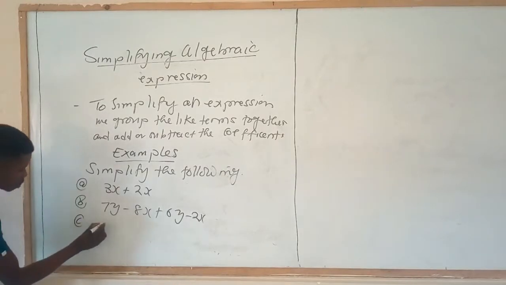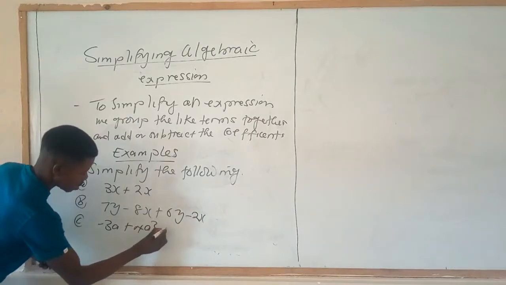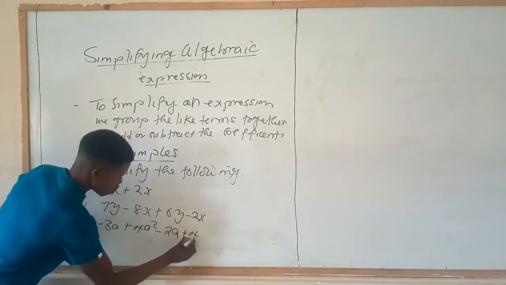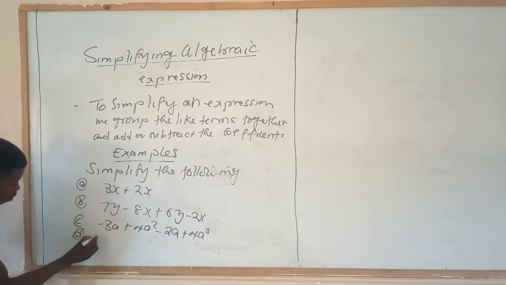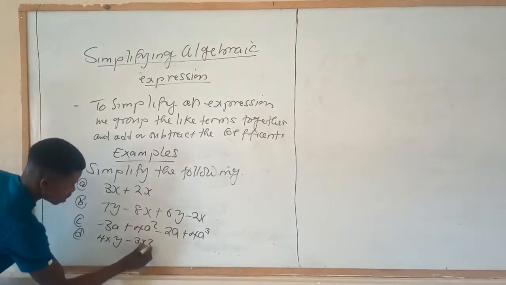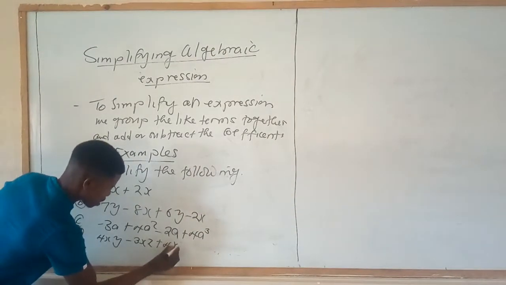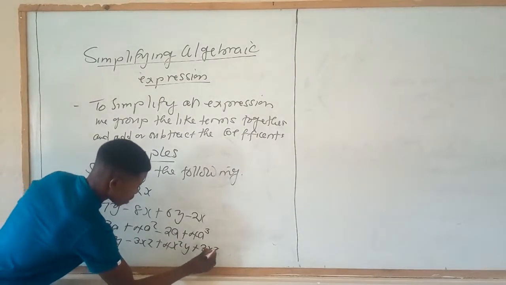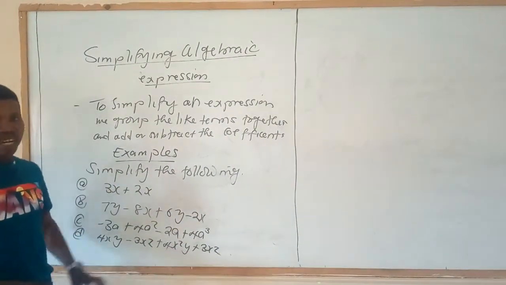C, negative 3a plus 4a squared minus 2a plus 4a to the power 3. Then D, we have 4xy minus 3xz plus 4x squared y plus 3xz.